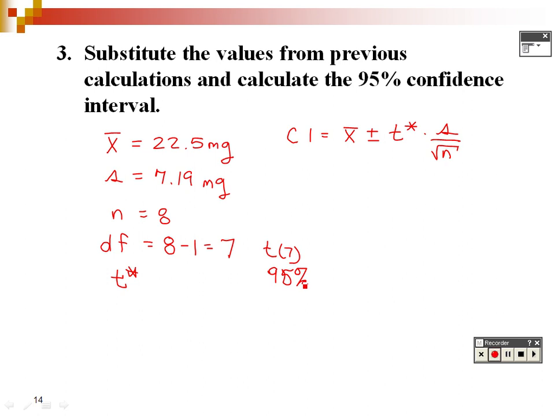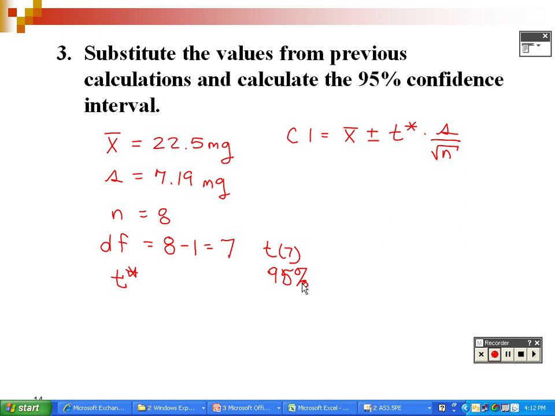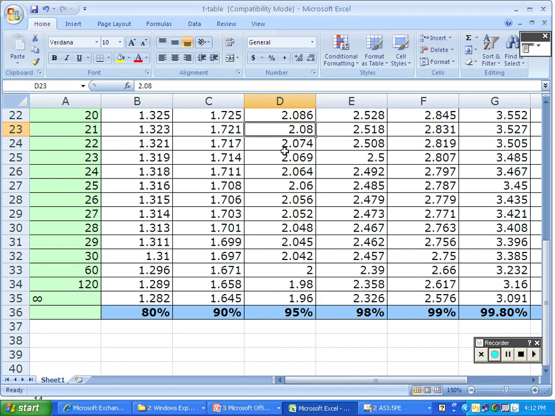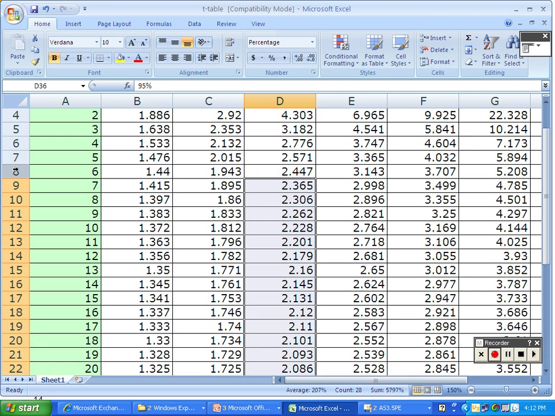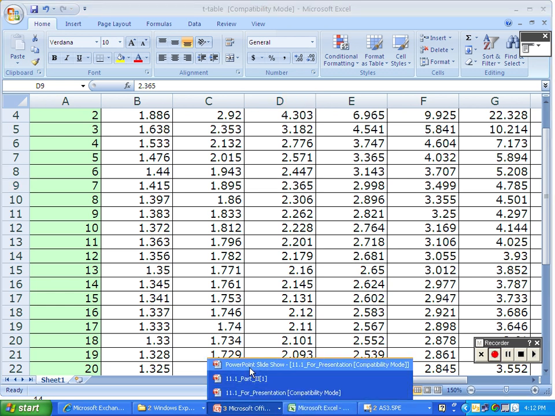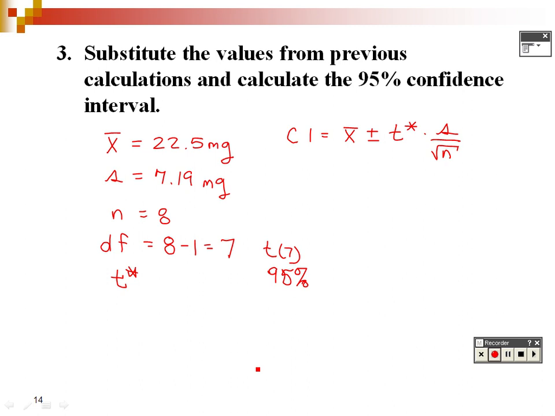So this is where we go to the table. 95% confidence interval. Find where the degrees of freedom are 7. So that's happening right there. So 2.365. So our t star is going to be 2.365, or a little more than 2.3 standard deviations away from the mean.